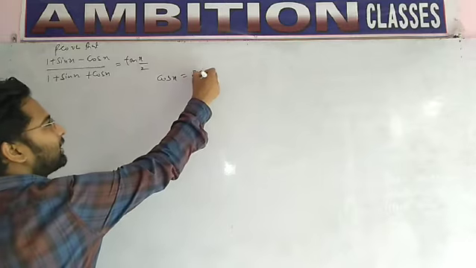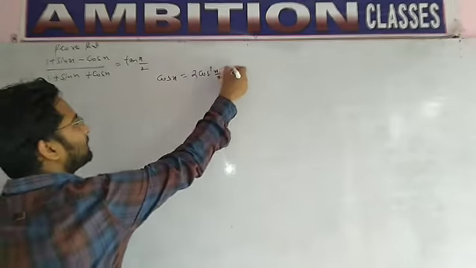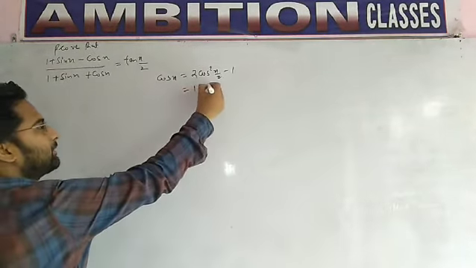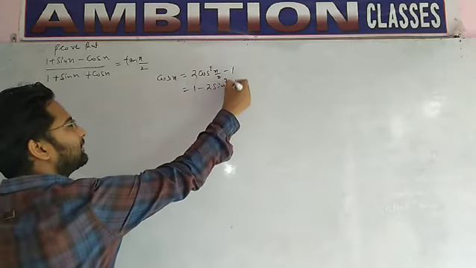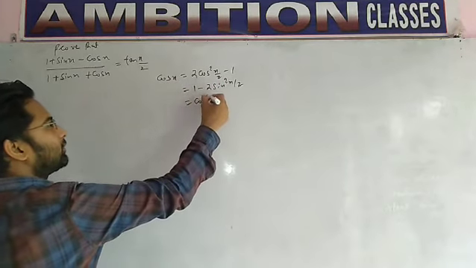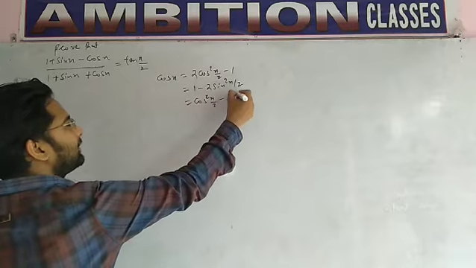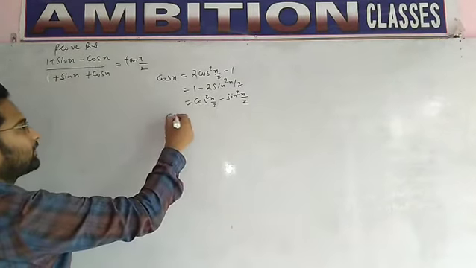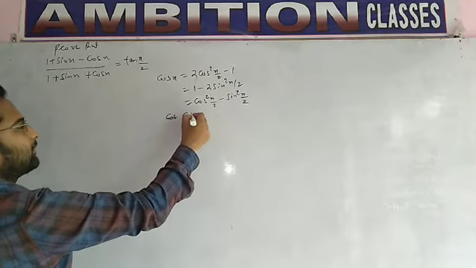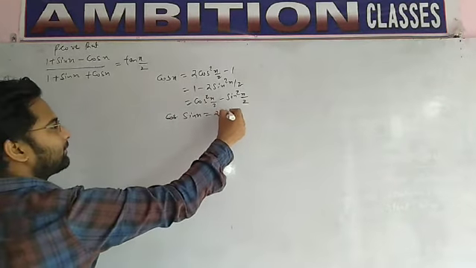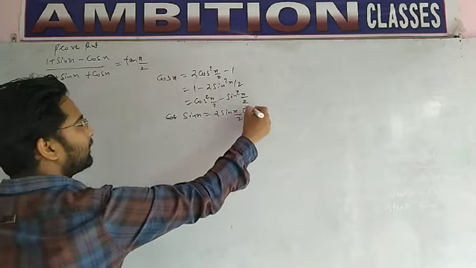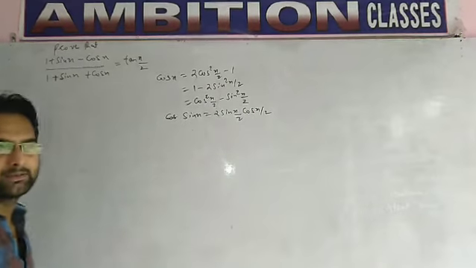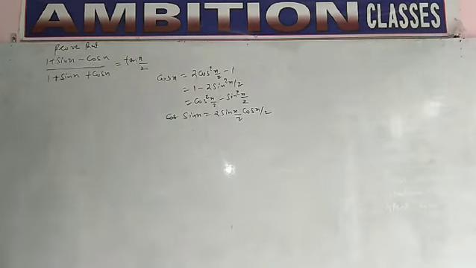We will have 2 cos square x by 2 minus 1, and 1 minus 2 sin square x by 2, and cos square x by 2 minus sin square x by 2. And for sin x, we have to apply the formula 2 sin x by 2 and 2 cos x by 2. Now let's apply all these formulas.